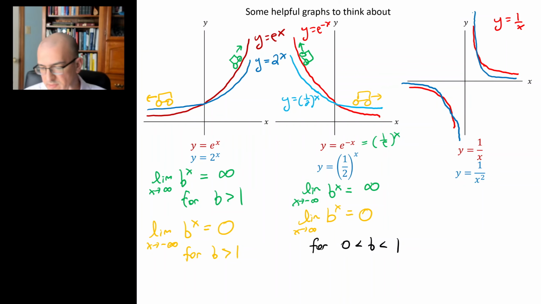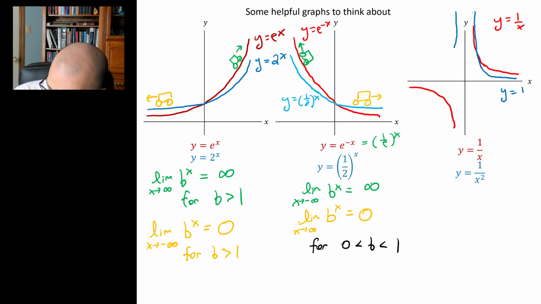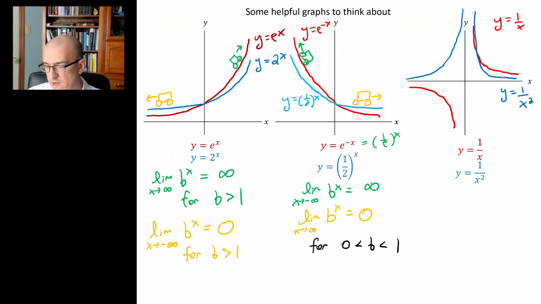I'm not going to draw it properly, I'm butchering the picture. 1 over x squared looks like this. And then you can take limits as x approaches infinity or minus infinity of each of those. And you'll see that it's 0 in both cases.